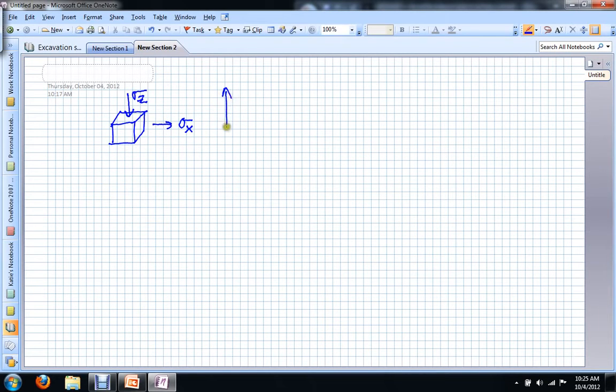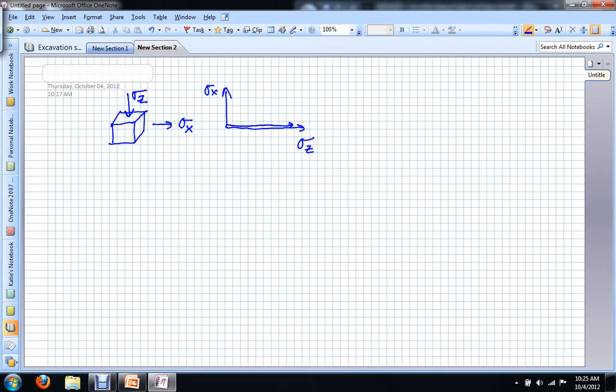And so if we were to graph out sigma z by sigma x, as sigma z increases, as we press with our hand more and more and more, the actual lateral earth pressure, sigma x, still remains about 0 or very, very small.